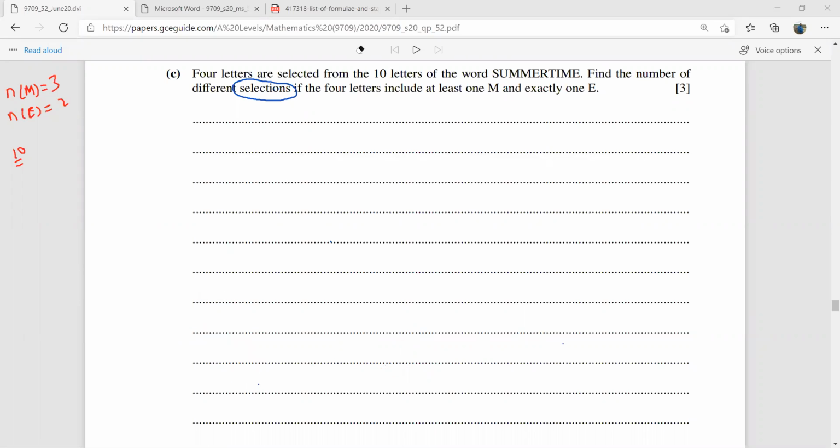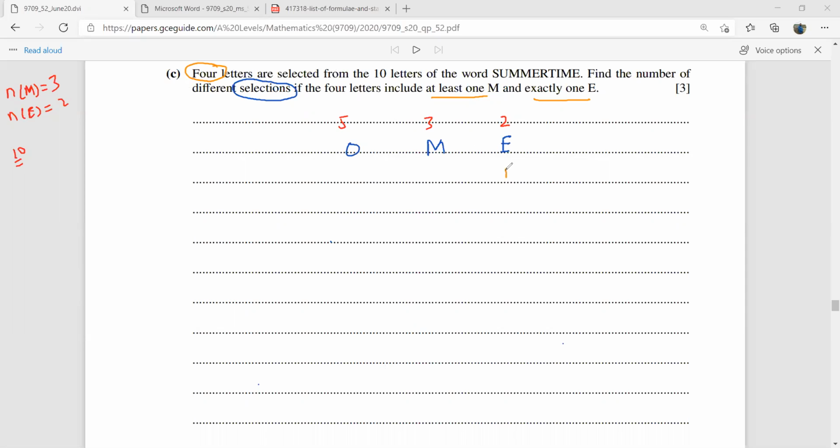So there are certain conditions on E, certain conditions on M, and these are the others. You have two E's, you have three M's, and there are five of the other letters. It says there should be exactly one E, at least one M, and altogether we need to have four letters.